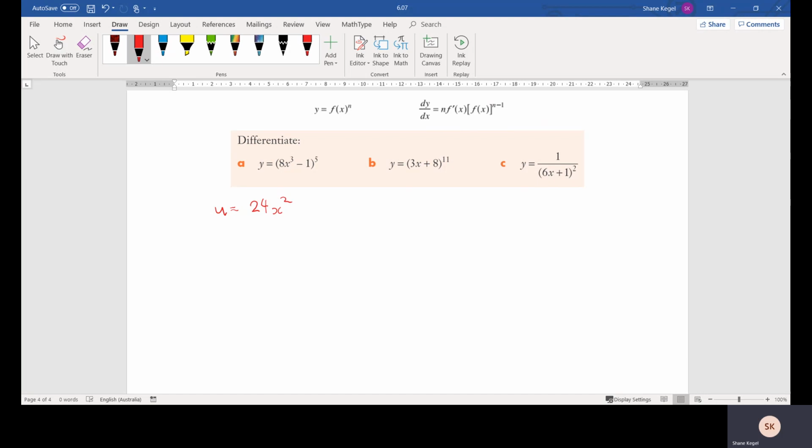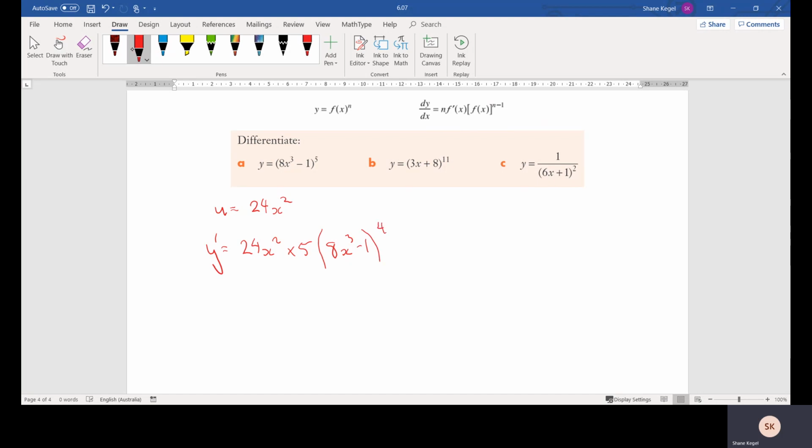So same thing now. To find the derivative of my original function, I get the derivative of my inside function, which is 24x squared, and then I just treat it like normal. So I bring the 5 down, multiply it by 5, bracket, leave whatever was in my brackets the same, and decrease 1 from the power, so the power of 4.